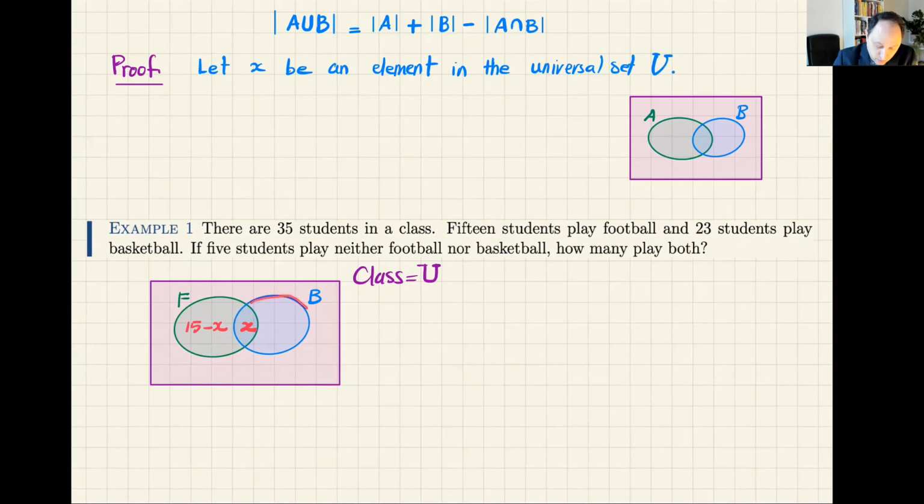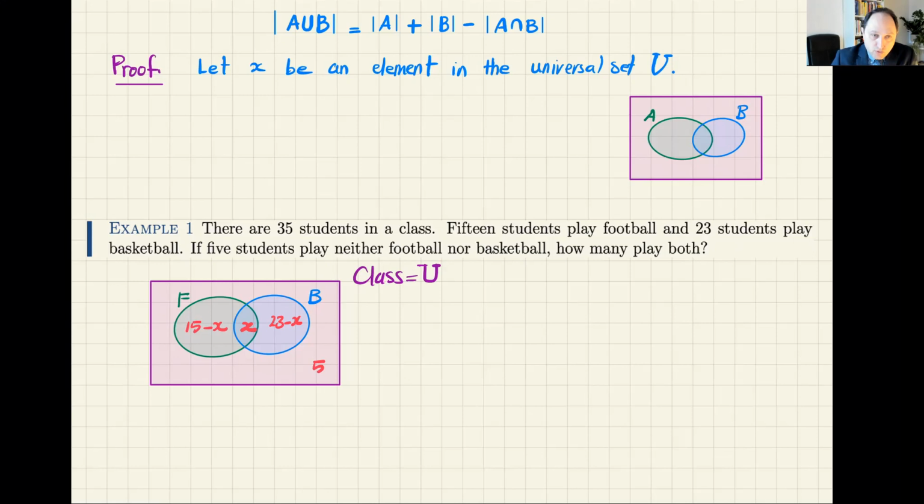So in this blue part, there should be 23, but X of them I have already put here. So what is left for me is 23 minus X. And then 5 students play neither football nor basketball. So what I know is that 5 students are outside, both of them.